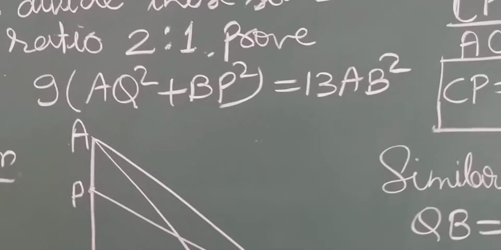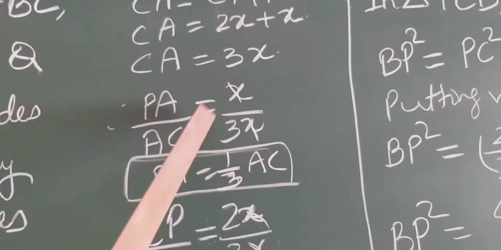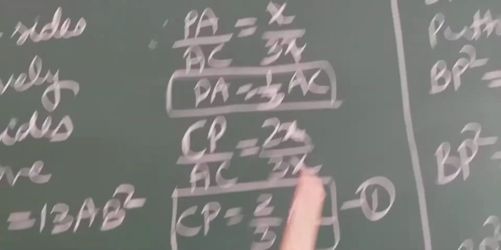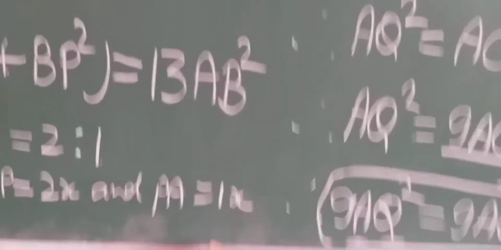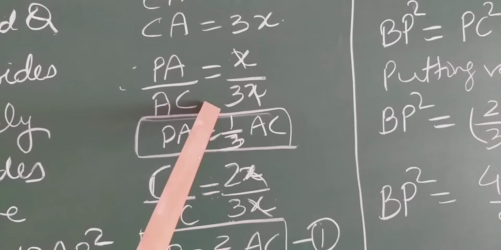So students, let us find PA upon CA. PA upon CA equals x upon 3x, because PA is x and CA is 3x. So PA equals 1 upon 3 AC.